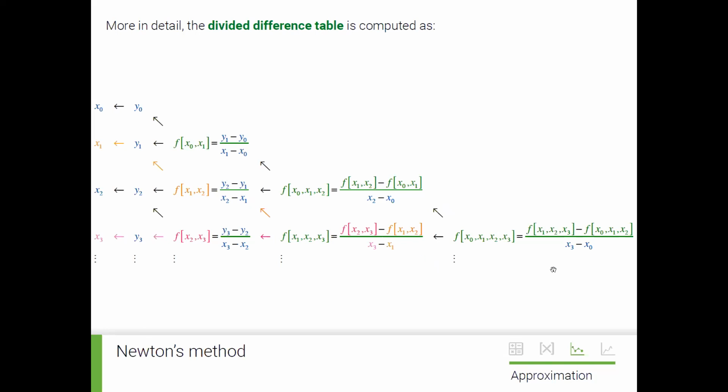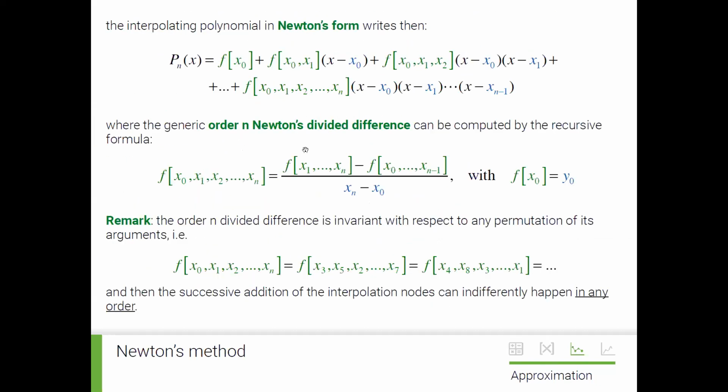And similarly, we can find the fourth coefficient. The fourth coefficient is (f[x1, x2, x3] − f[x0, x1, x2]) over (x3 − x0). We have f[x0, x1, x2] from the previous one, but we don't have f[x1, x2, x3] yet, so we need to find this coefficient also. It equals (f[x2, x3] − f[x1, x2]) over (x3 − x1), from the recursion formula, of course.